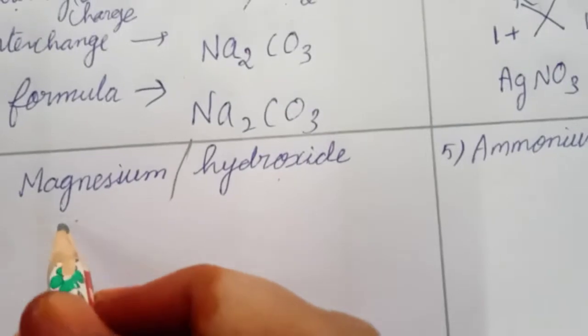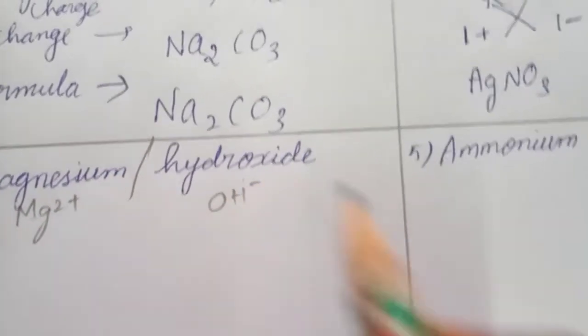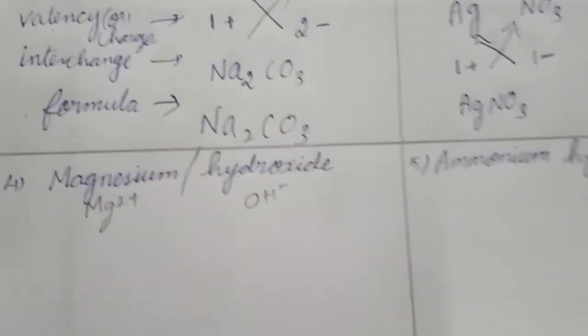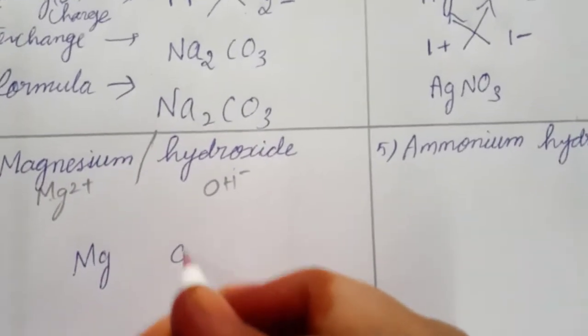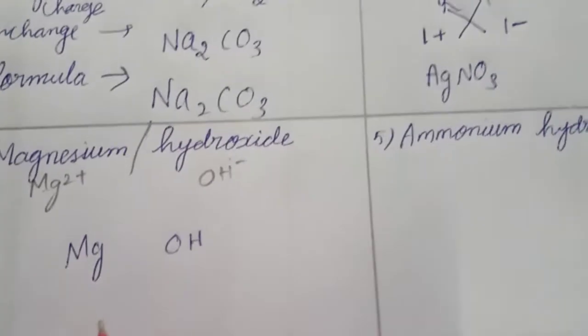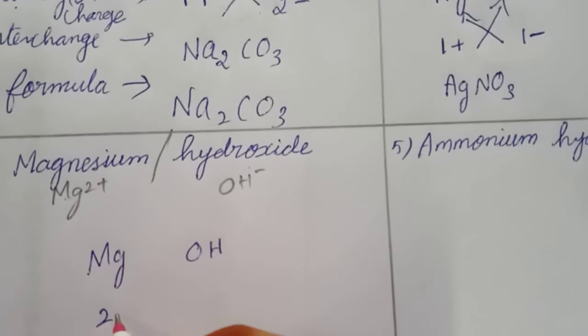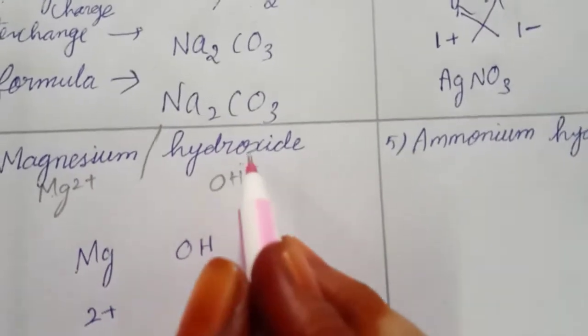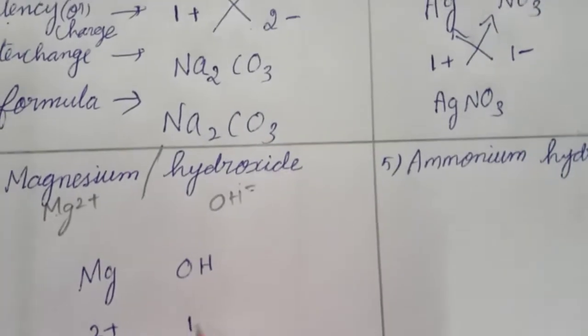Magnesium Mg2+ and hydroxide OH-. Next we follow the steps: write the symbol, first step, Mg and OH, and write the charge, second step. Charge of Mg is 2+, charge of OH is minus, that means 1-.